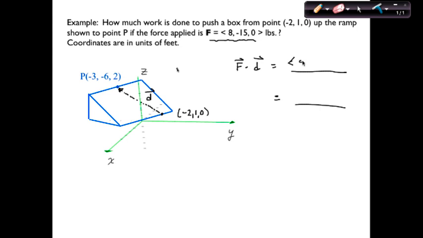What is F? F is my (8, -15, 0). D is? (-2, 1, 0) is the starting point, and the ending point is up here. So what's my vector D? Yeah, so I'm going to do the displacement vector, right? It's going to be (-1, -7, 2).